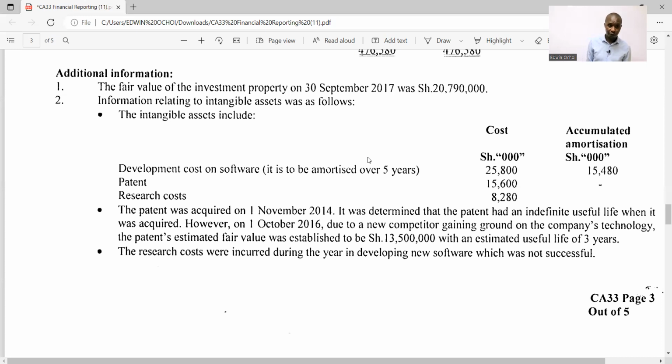Under the fair value model, investment property is measured at fair value. This one is the fair value model, so they were measured at fair value.